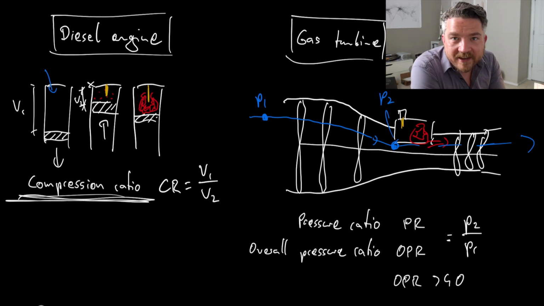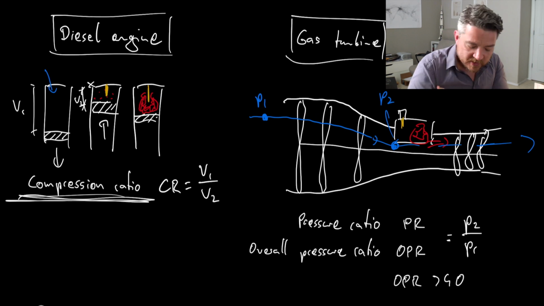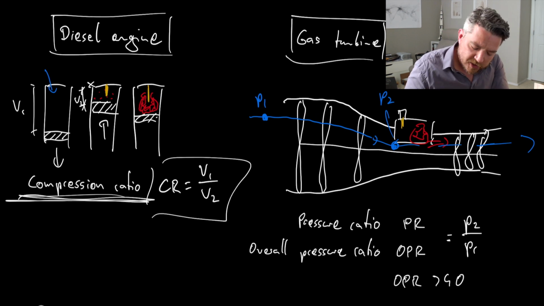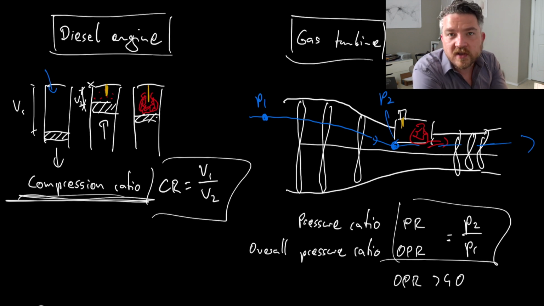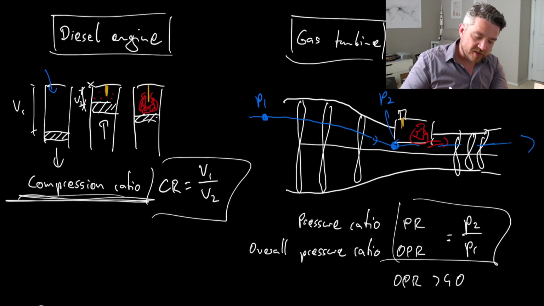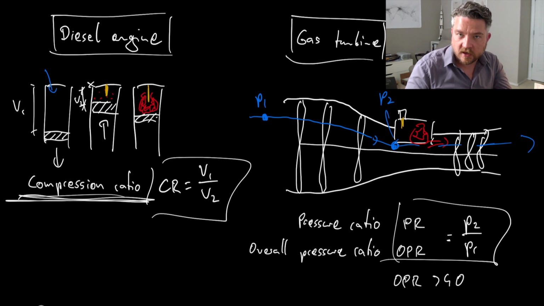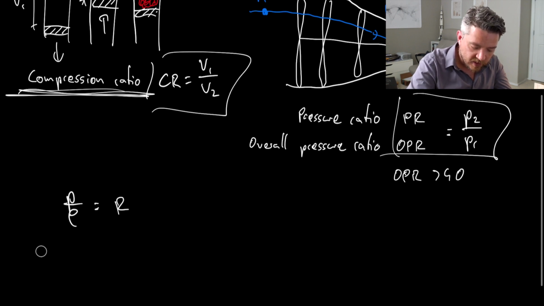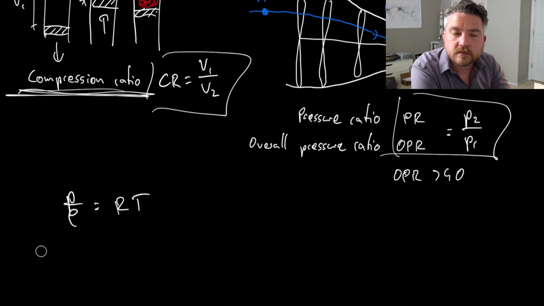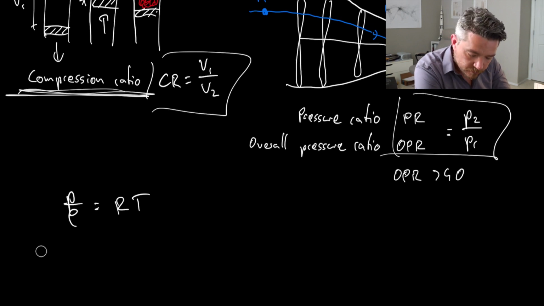So the question that I have now is, all right, so we can look up these numbers, we can look up the compression ratio, we can look up the pressure ratio for certain engines, but does that tell us what's going on inside of the engine? Well, let's just say, well, okay, we know the ideal gas law, the perfect gas law. That is, we have the pressure divided by the density equals the gas constant times the temperature.